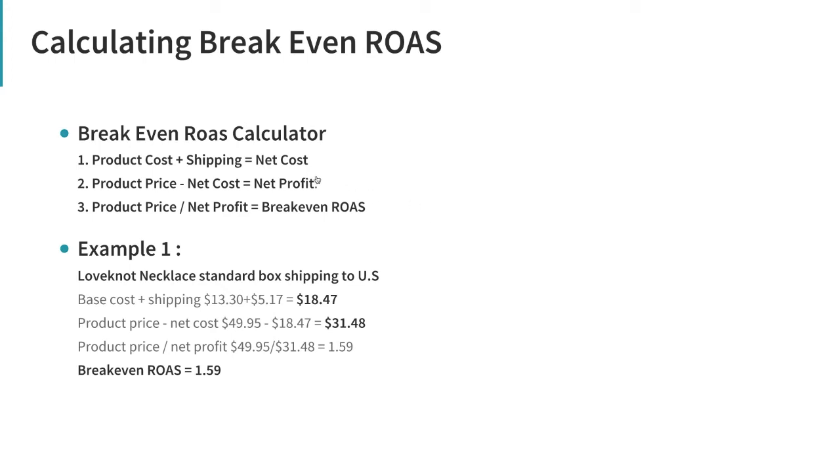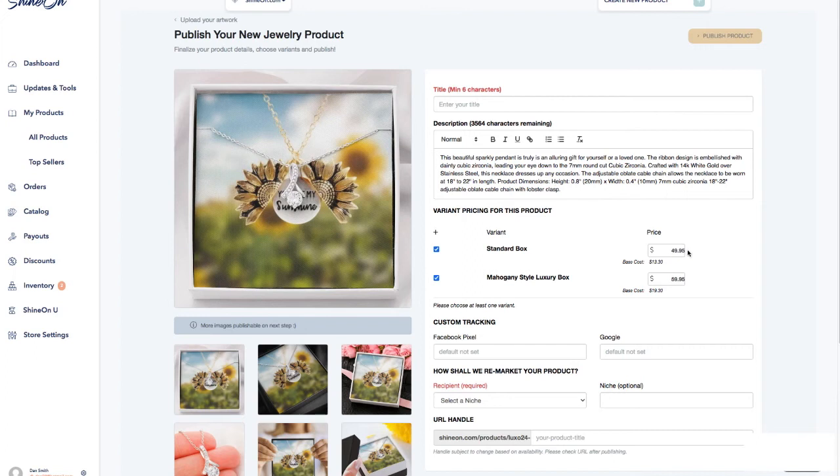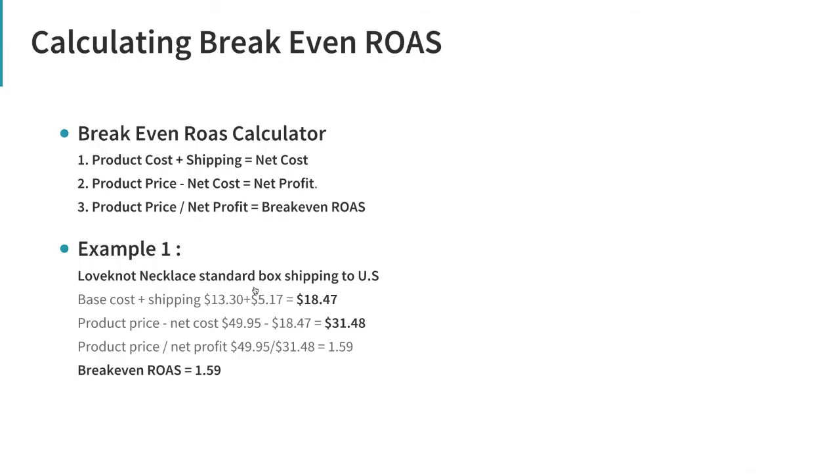Then to get your net profit, you would subtract your net cost from the product price, which is what you're going to charge for it on your store or on your platform page here. $49.95 minus $18.47 is $31.48. So then you divide $31.48 by $49.95 and you get your break-even ROAS as 1.59.